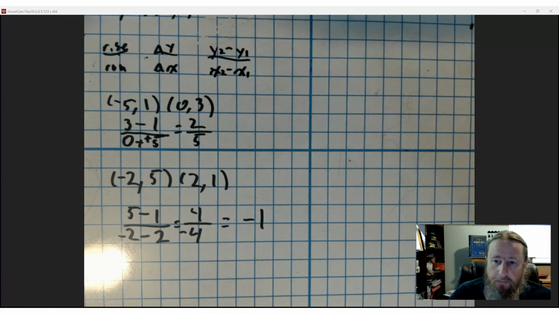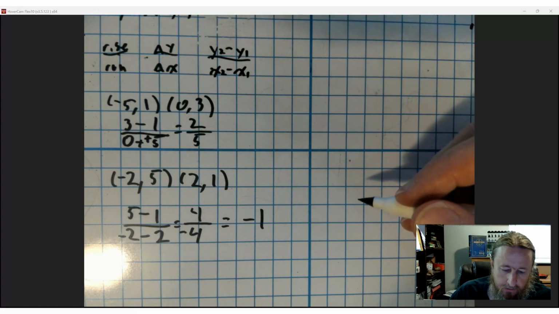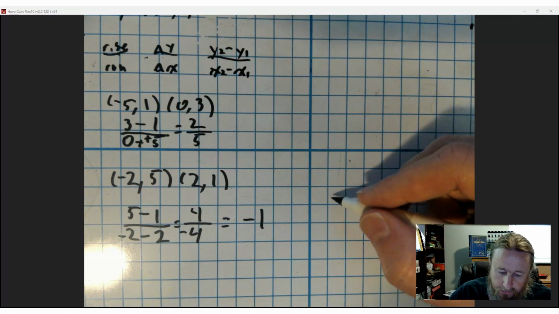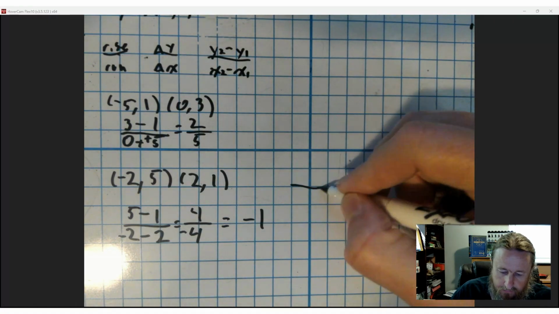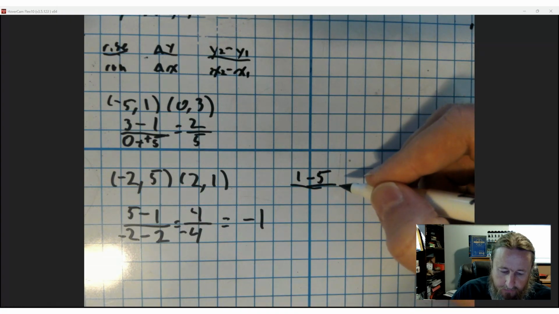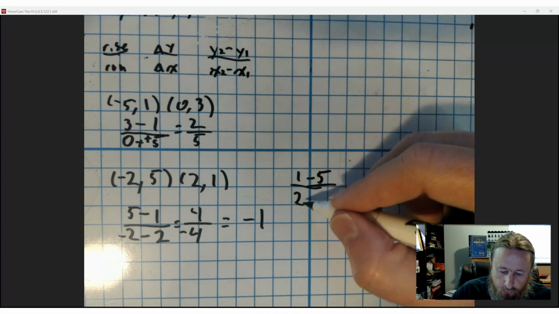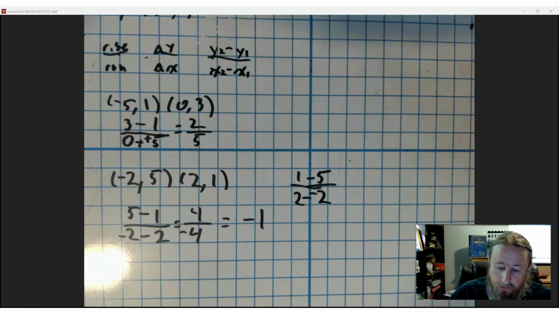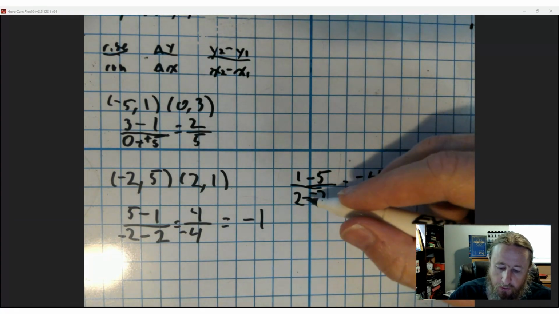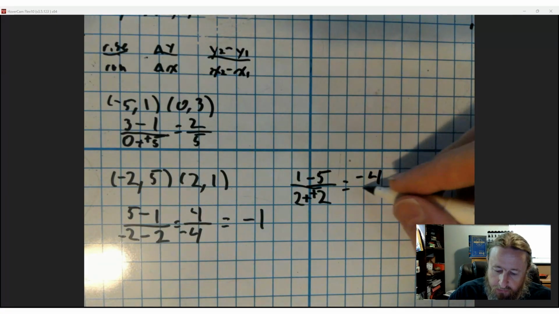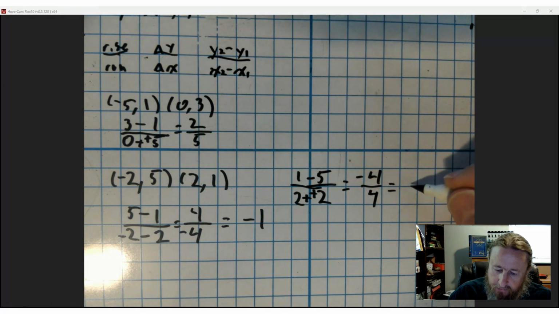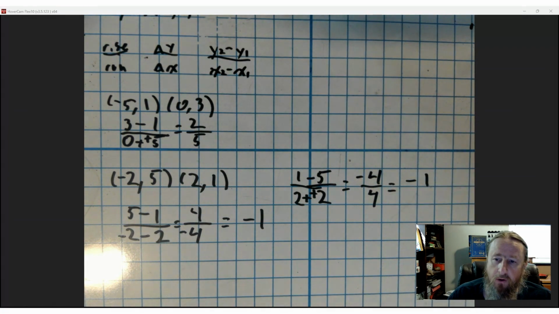Now, if we swap our numbers, and we're going to call this one point 2 instead, we have 1 minus 5, and then we have 2 minus a negative 2. 1 minus 5 is negative 4. 2 minus a negative 2 becomes plus, so that is negative 4 over 4, giving us again a slope of negative 1.